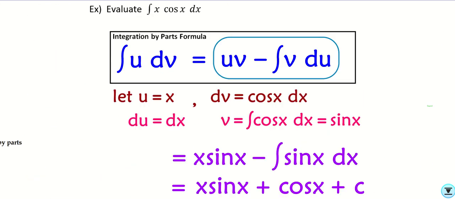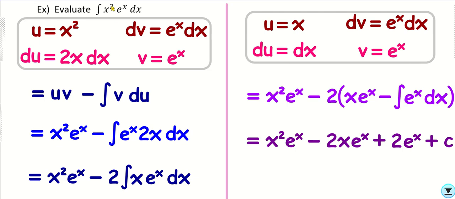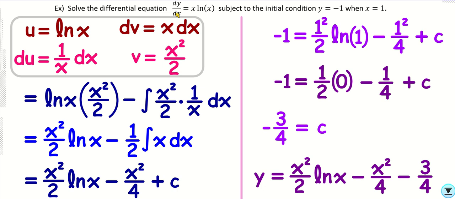So quick recap, examples like this where you could just do the integration by parts formula once and it was over with. But an example like this where you needed 2 rounds of integration by parts. Natural log examples where you kind of go against the norm with what you let u equal and what you let dv equal, and again what you're taking the derivative of and what you're taking the integral of when you're doing the formula.